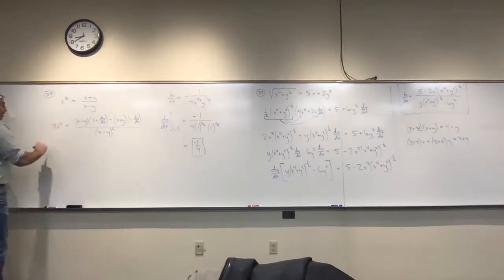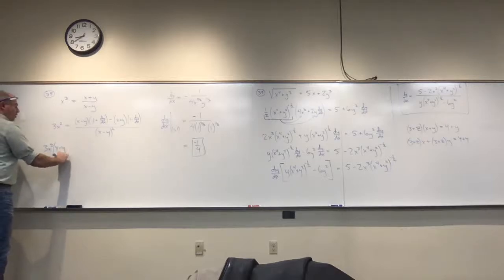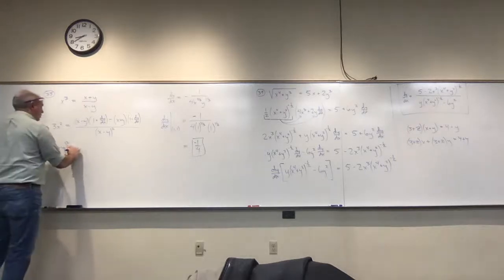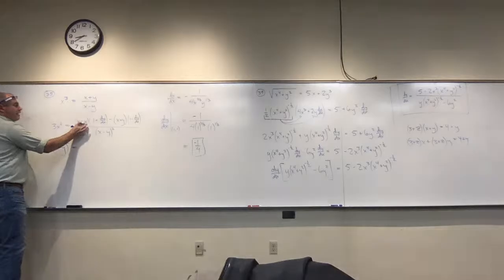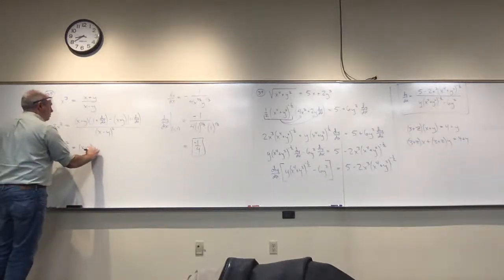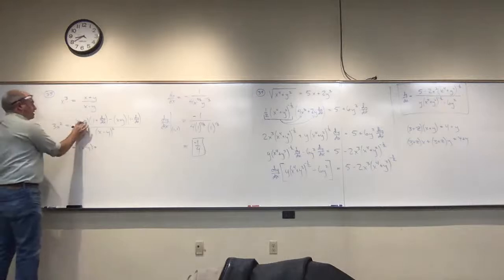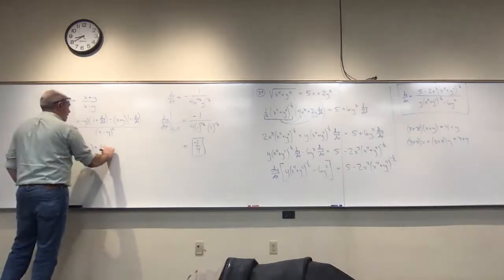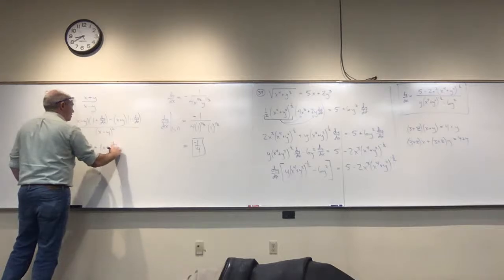So I'm going to rewrite as 3x squared times x minus y squared is going to be equal to, if I multiply through by the x minus y, I get x minus y, that's times 1, plus x minus y times dy/dx.